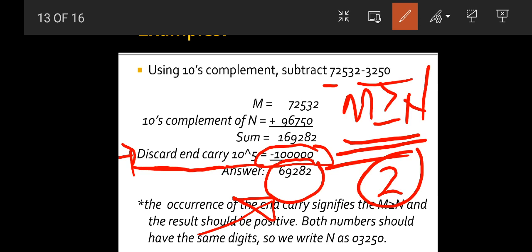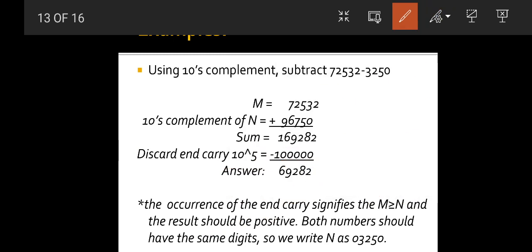So the occurrence of the end carry signifies that your m is greater than or equal to your n. If you discard the end carry, it means your m is greater than or equal to your n, and the result should be positive. Both numbers should have the same digits.